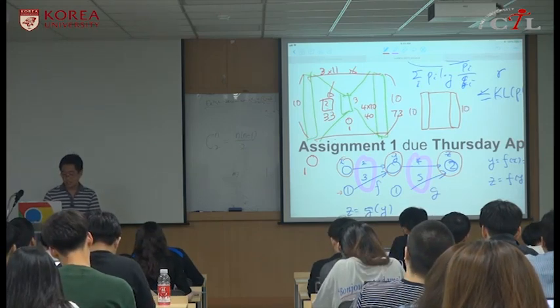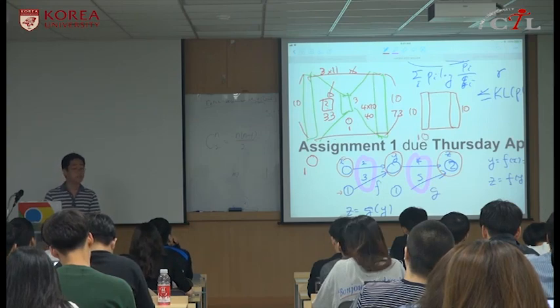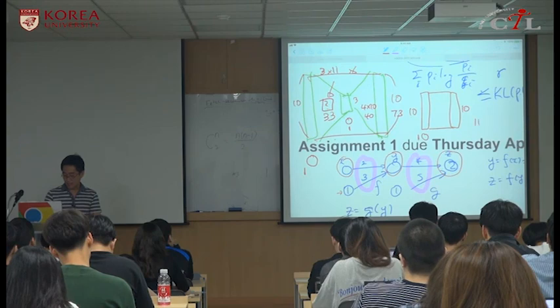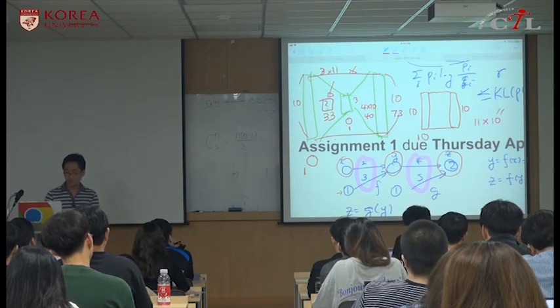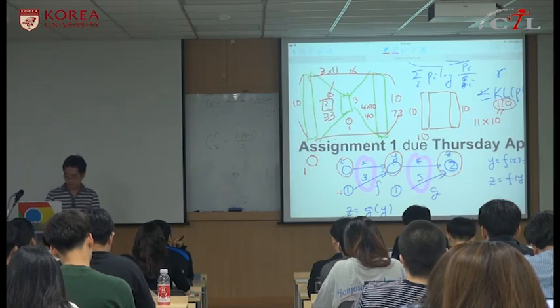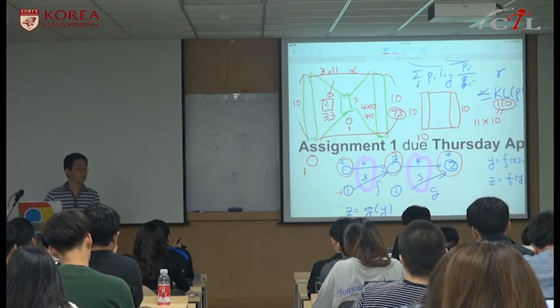Okay, and then let's consider one linear case with 10 input and 10 output nodes. In this case, we have a bias, or this additional dummy node, and our number of parameters will be 110, which is larger than 73, right?